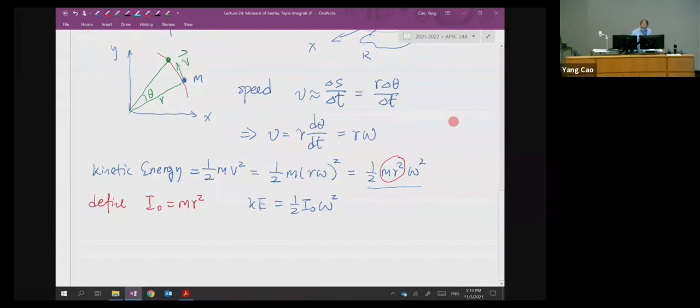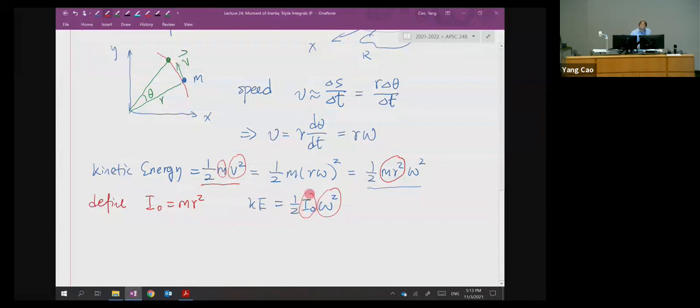Now you can clearly see a little comparison here. Your kinetic energy could be expressed as 1/2 mass times speed squared, and then here it is 1/2 some quantity times angular speed squared. This v is linear, this omega is angular rotational, and this m is mass.